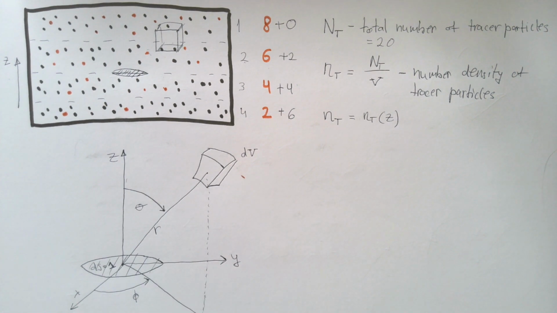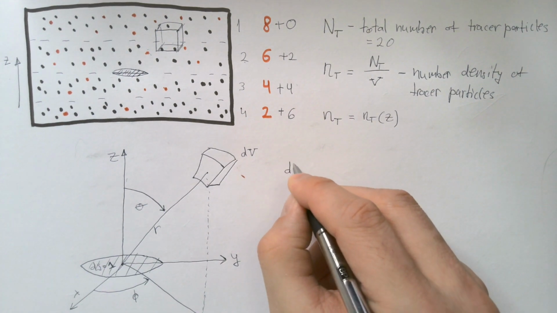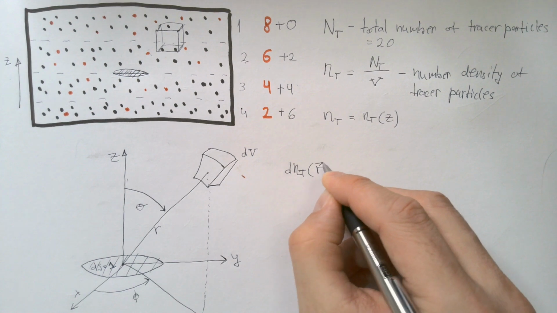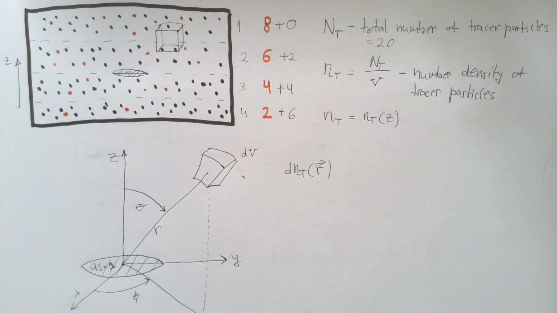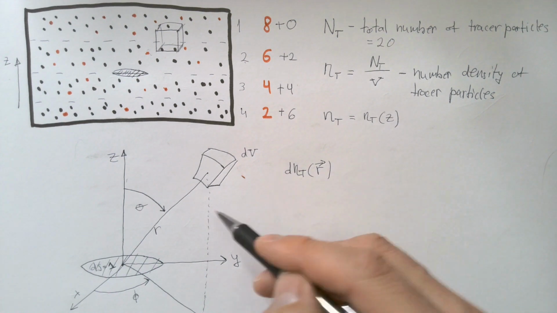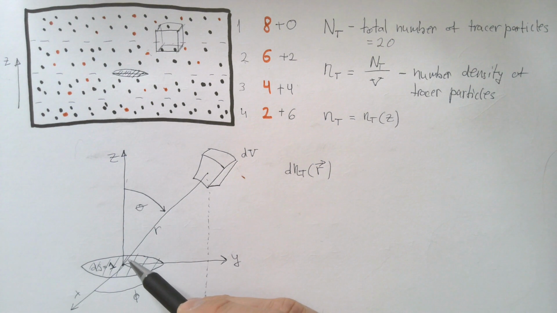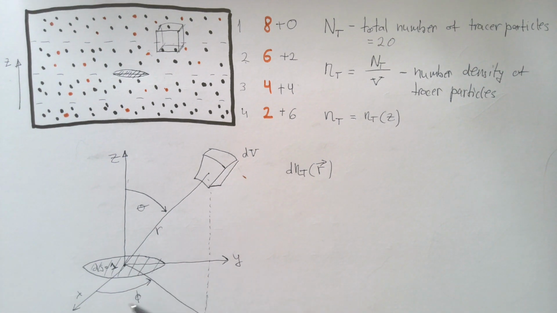To put this in a numerical form, let d nt, which is clearly now a function of this vector r, be the average number of tracer particles which collide in dv, leave in the direction of ds, and reach ds without another collision.